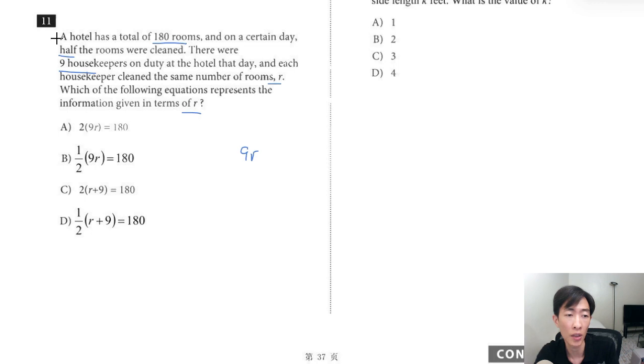And they're saying on that day, half of the 180 rooms were cleaned. So I was thinking 9R equals 1/2 of 180. And then if you kind of move stuff around, really just multiply both sides by 2, you're going to get 2 times 9R equals 180, and that's going to be choice A.